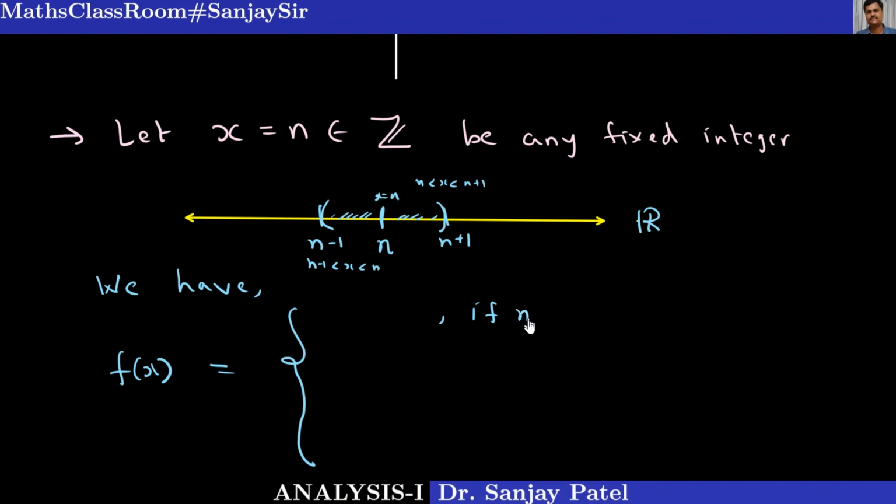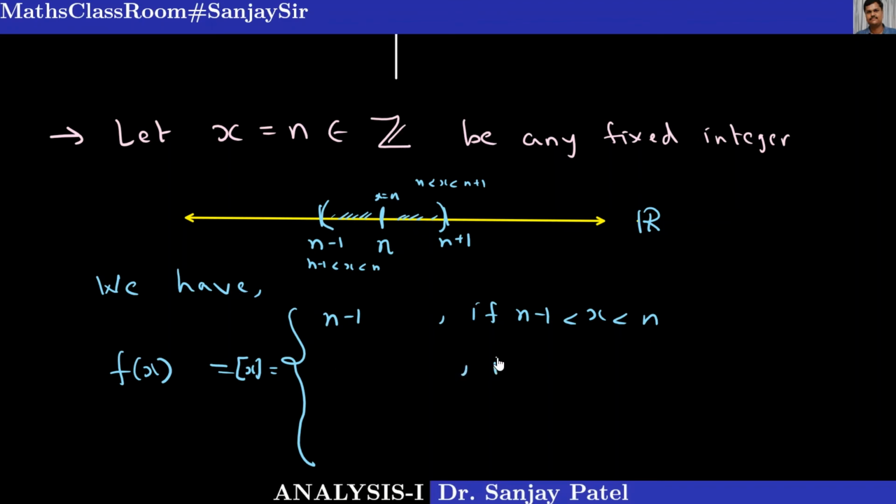If n minus 1 less than x less than n, the value of bracket x, f(x) is equal to bracket x, will be simply n minus 1, the largest integer which is not greater than this x is n minus 1.